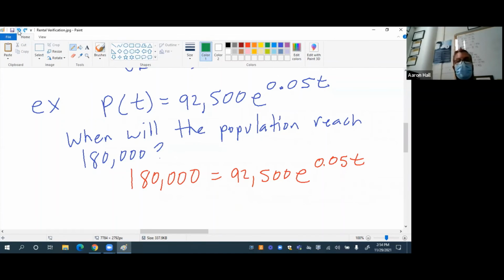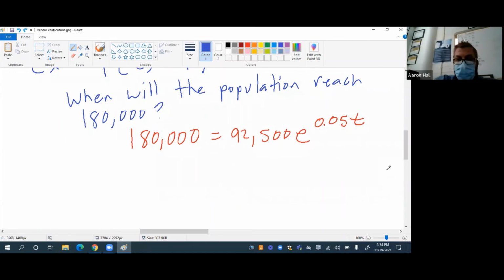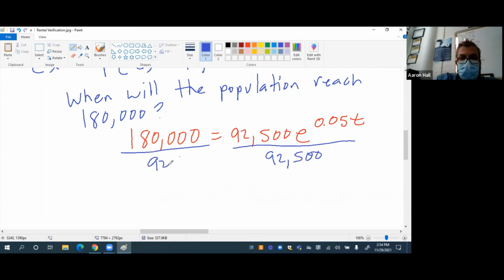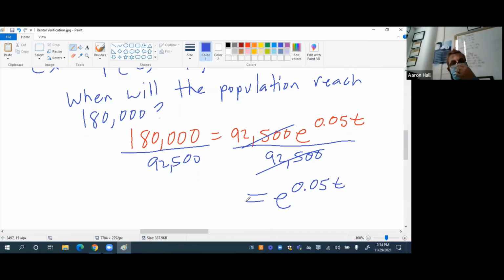We're doing inverse operations. Yeah, we're going to divide. We're dividing both sides by that 92,500. And of course, 92,500 divided by 92,500 gives you 1. So I have one of these, e to the power of 0.05 t. And what does that equal?